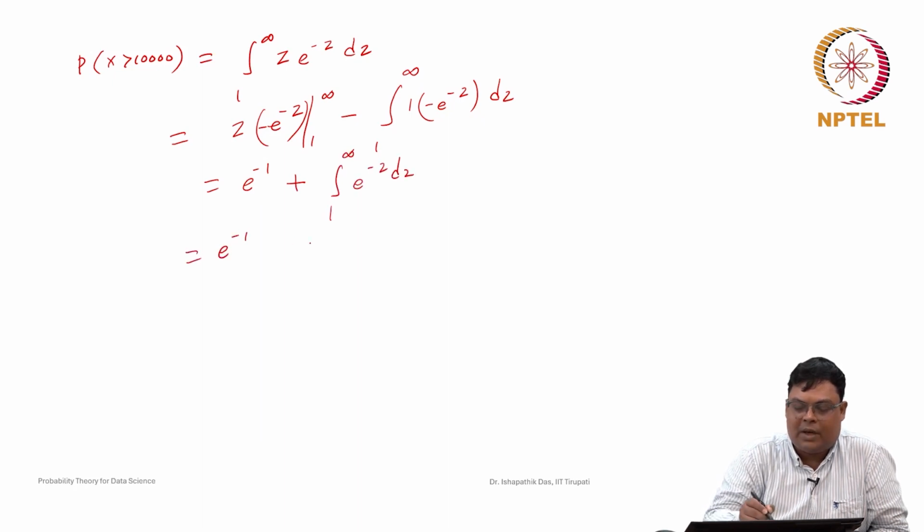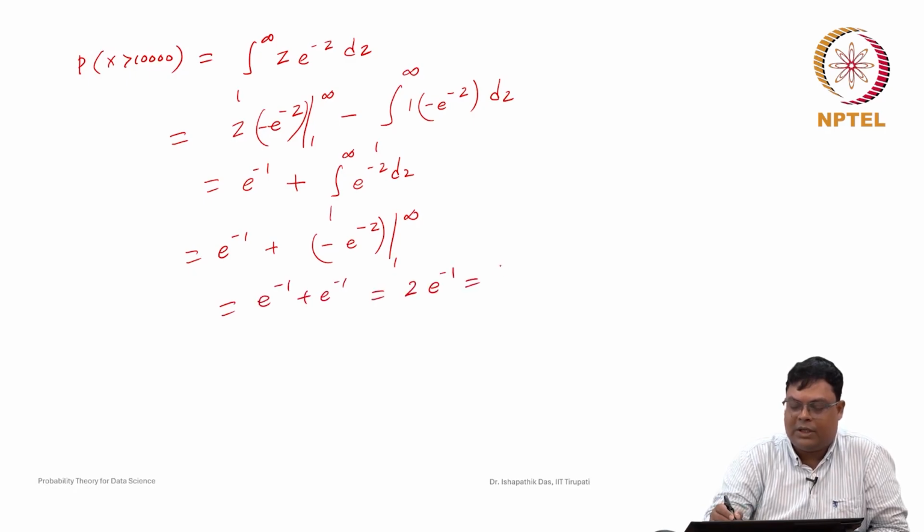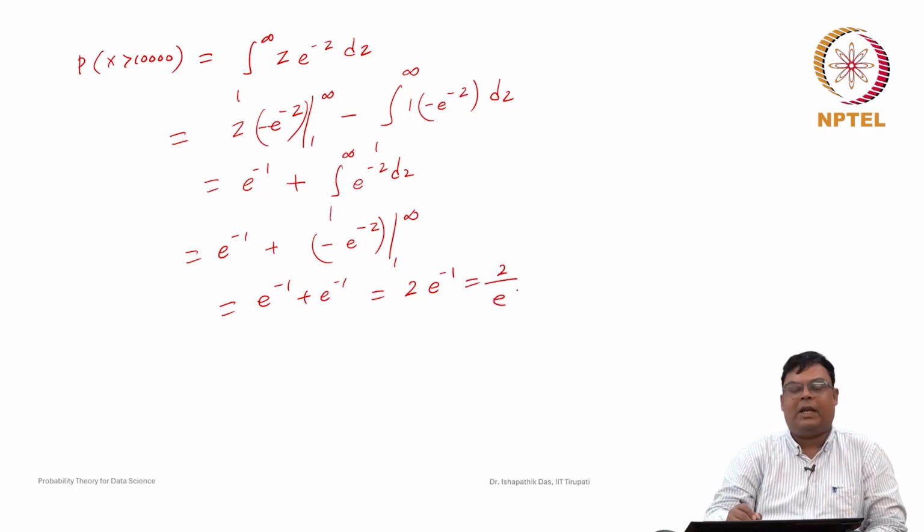So, this is e to the power of minus 1, plus minus e to the power of minus z with limit 1 to infinity. So, similarly as z goes to infinity, this is 0 and at 1 it is e to the power of minus 1, minus and minus gives plus. So, it is e to the power of minus 1 plus e to the power of minus 1, it is 2 into e to the power of minus 1. So, basically this probability is 2 by e.